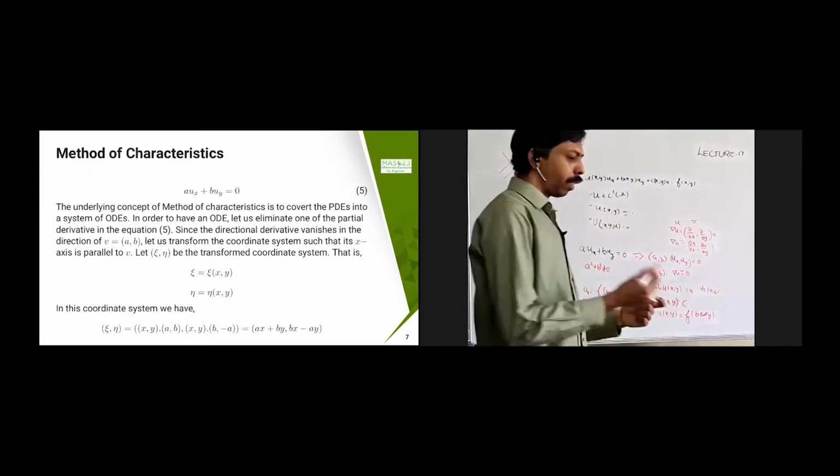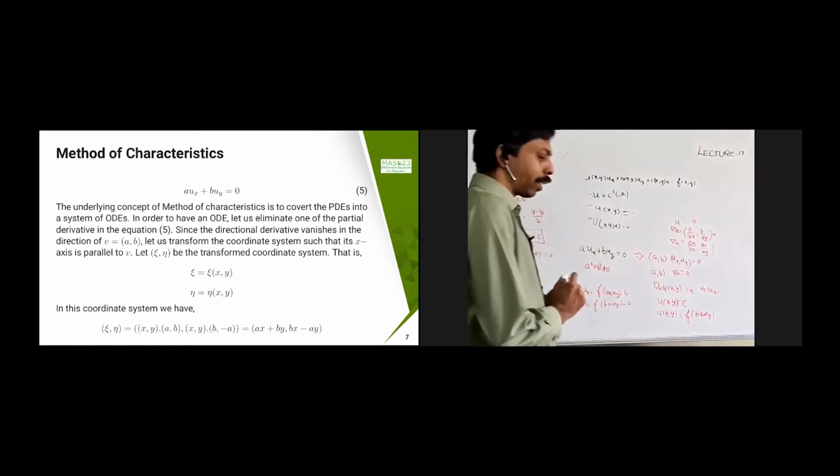Now, the method which we used here is the underlying concept of the method of characteristics. This is the method we used to find the solution of the problem. Now we are going to do one more similar kind of method, which is called the method of characteristics.